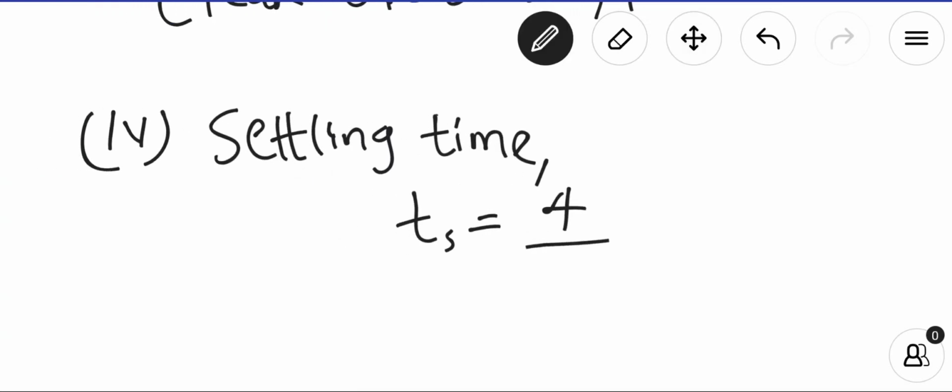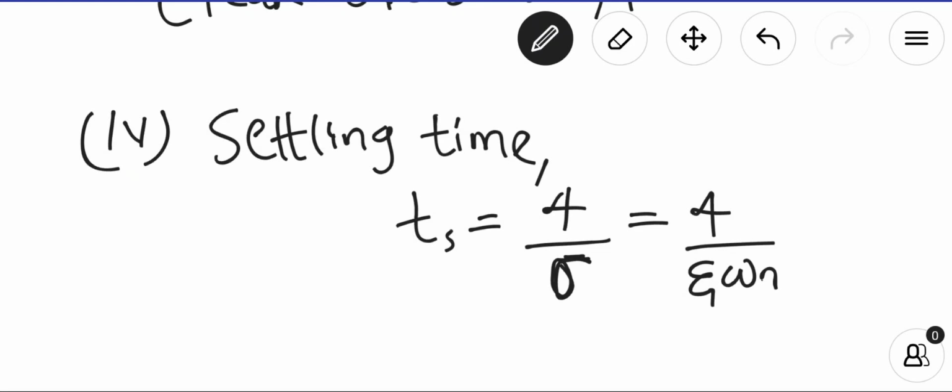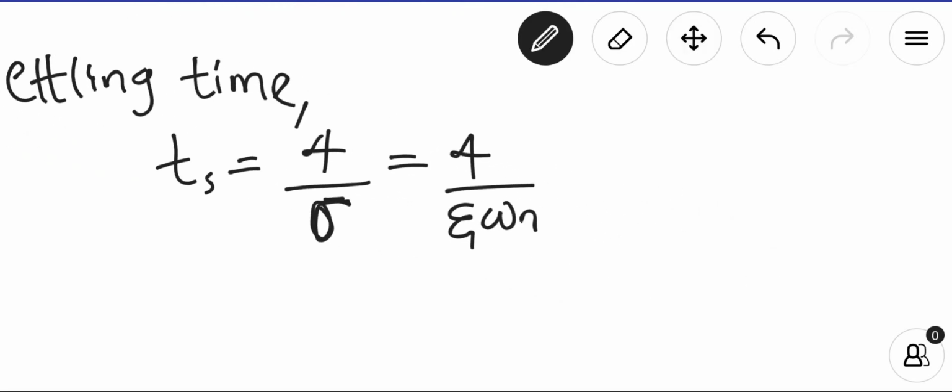Now we can continue. The time for it to get to 2% of the final value is this formula here.